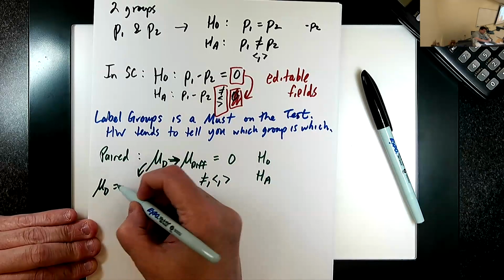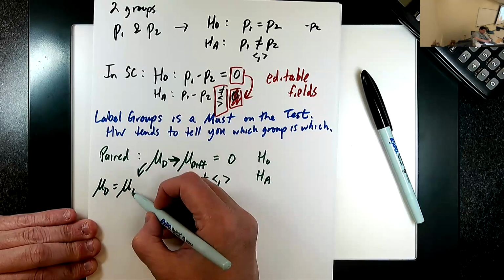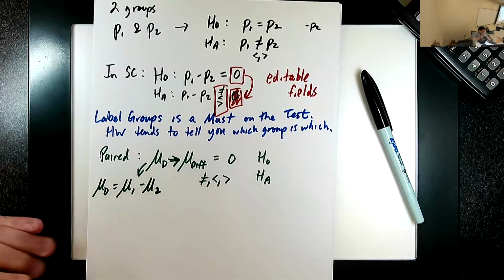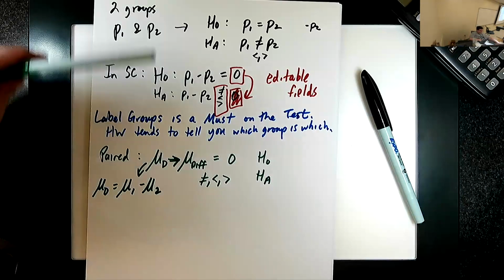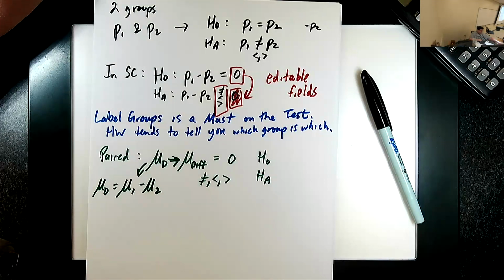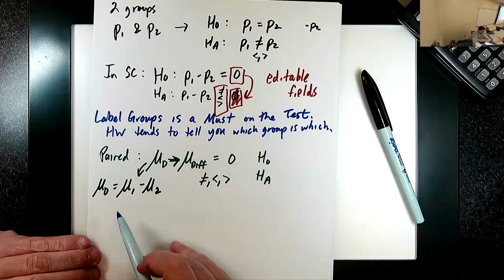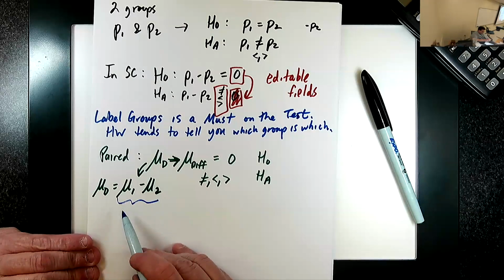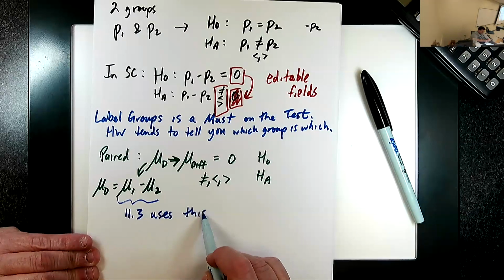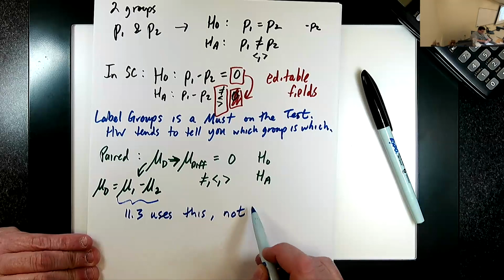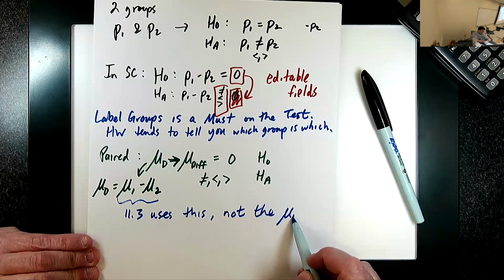Mu d tends to be mu1 minus mu2, so you have to label 1 and 2. I believe this is what they show in 11.3, not the mu d, I think.